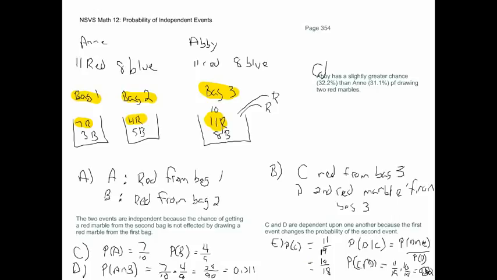Question J says, Naveen used the following formula to determine the probability of Anne drawing 2 red marbles. The probability of A and B is the probability of A times the probability of A given B. Would this formula work for Anne?